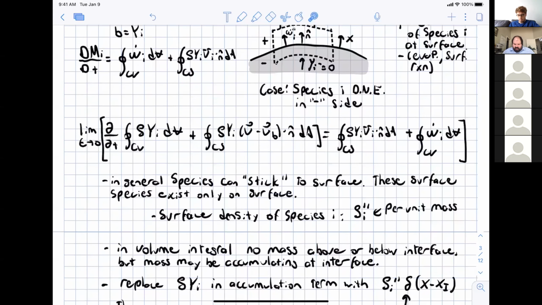As I argued before, in general, species can stick to the surface. And these surface species exist only on the surface. I'm not going to get into surface reactions in this class.